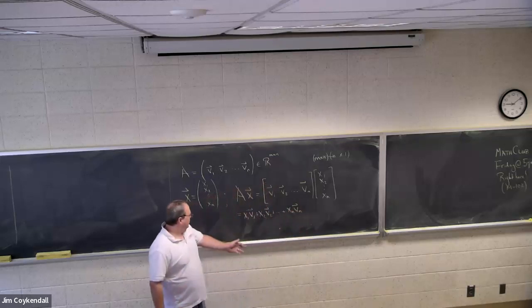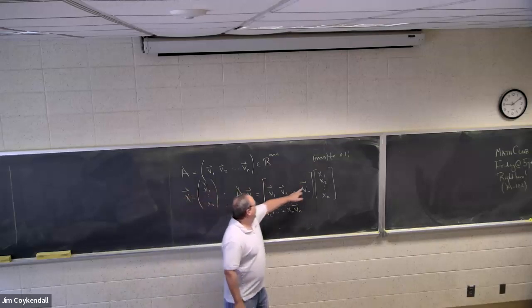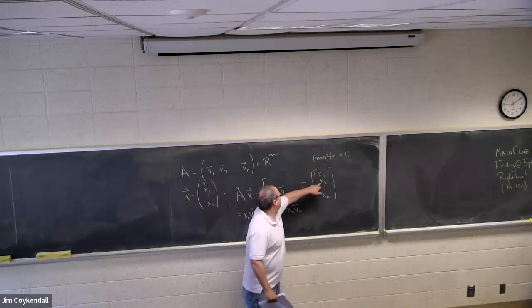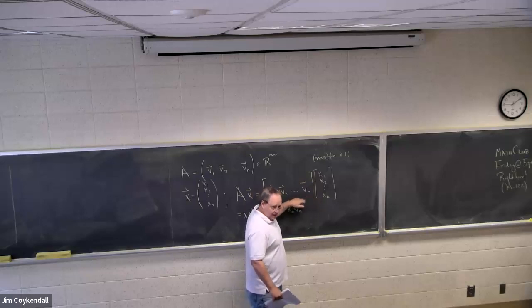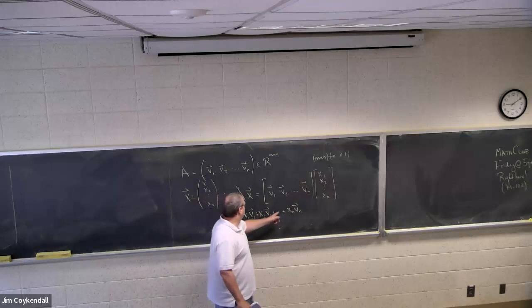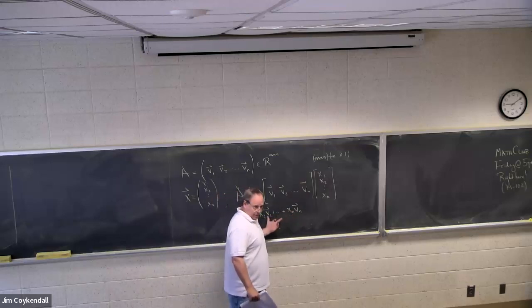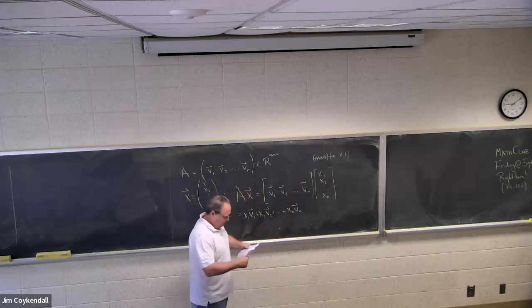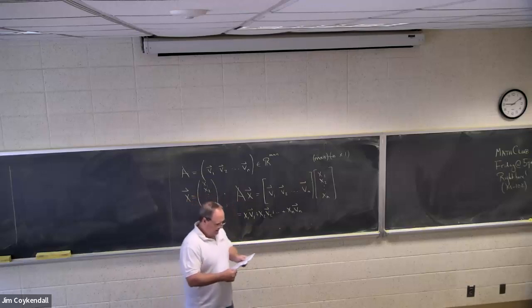You actually get this vector here. It's x1 times the first column, x2 times the second column, all the way up to xn times the last column. And of course, these are all m by one column vectors. And so when you add them up, you'll get some nice big m by one column vector.